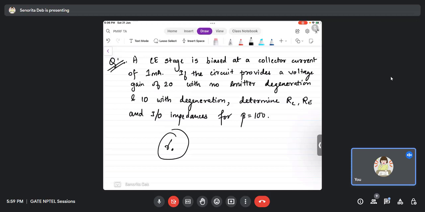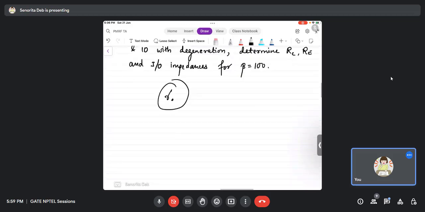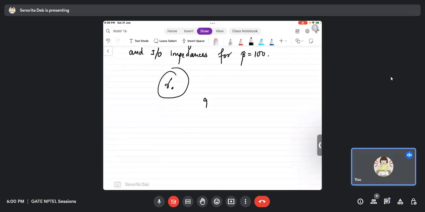So you know how to solve this question, right? There are two conditions given. One is that without emitter degeneration you have a gain of 20. With emitter degeneration, you have a gain of 10. That is, the gain is reduced by a factor of 2. Without degeneration, the gain is GMRC.